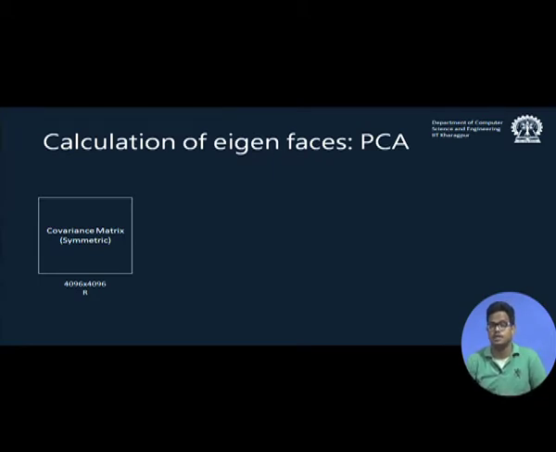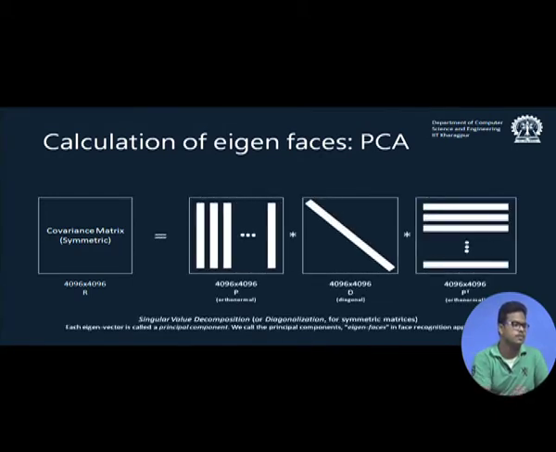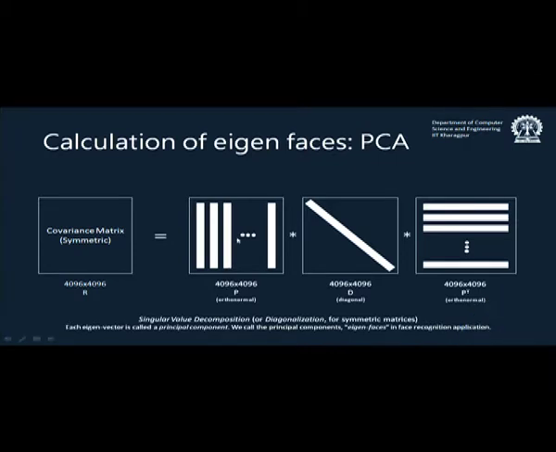eigenvectors. So, we will calculate the eigenvectors by using a procedure which is called diagonalization in the context of symmetric matrices, and in general it is called singular value decomposition. So, what does it do? It represents the matrix R as a product of three matrices. The first one is called P, and it consists of the eigenvectors along the columns.